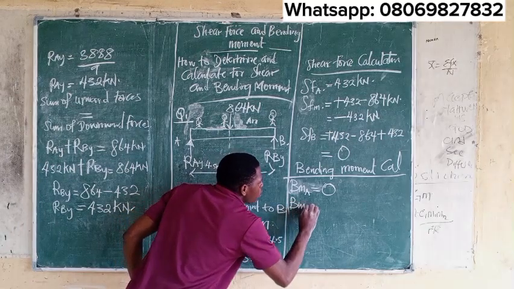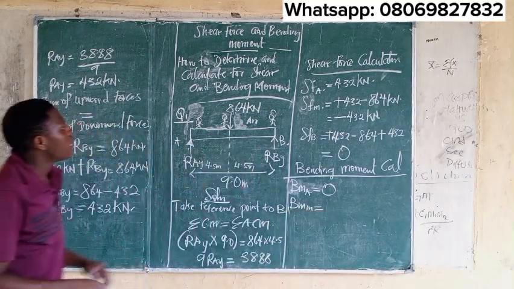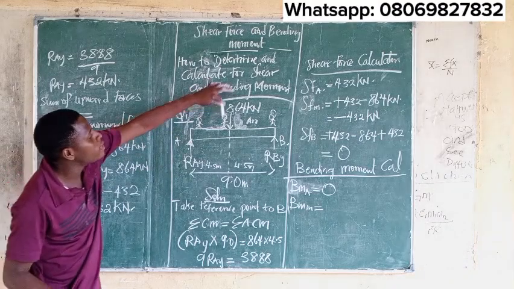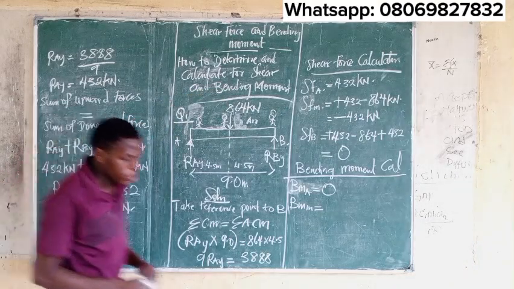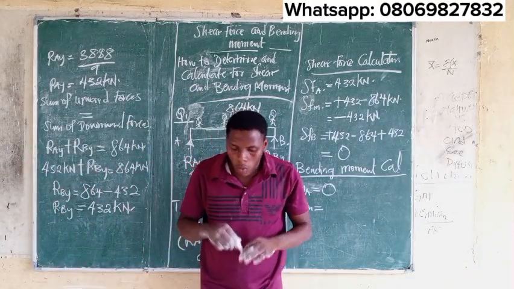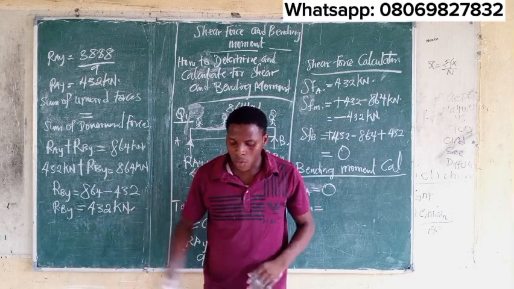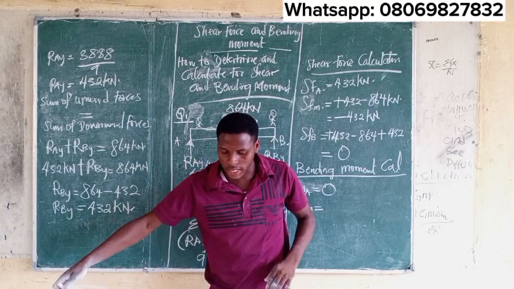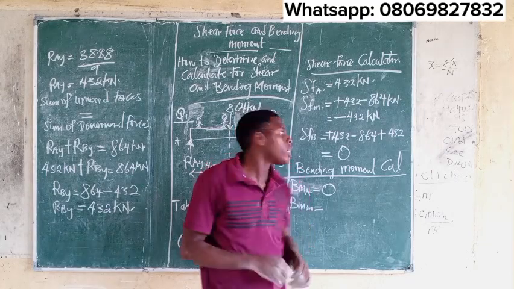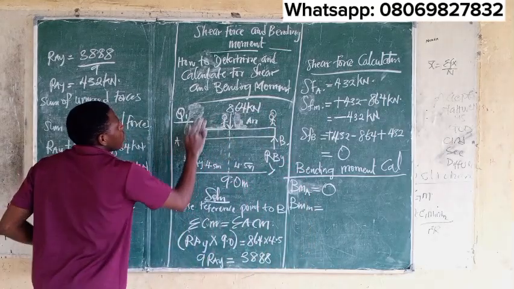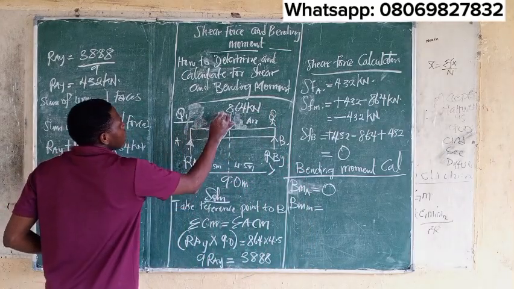Now let's get the bending moment for your midpoint. To calculate the bending moment for your midpoint, you are standing at the midpoint. What is the force you are seeing on this side, and what is the distance from that force to the point where you are standing? You are standing at this point.